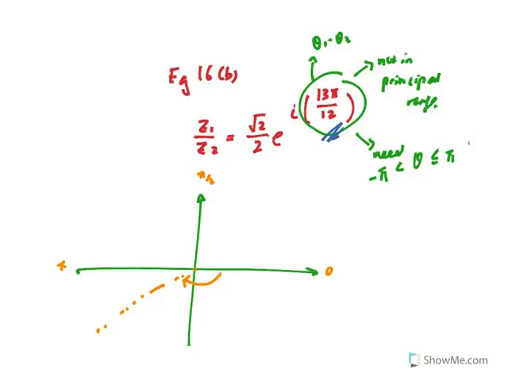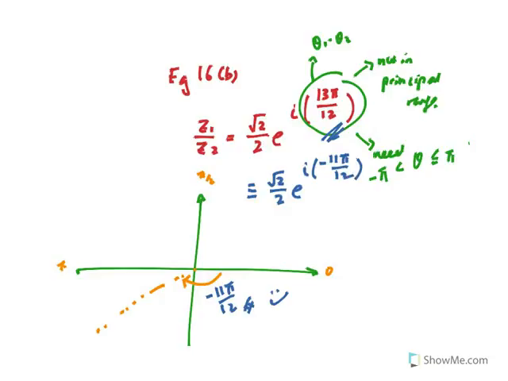Since from our diagram 13 pi over 12 should be negative, this one should be negative 11 pi over 12. So that's how we find the principal argument. And when we do that, remember, it's not an equal sign, it's an equivalent sign. If you change, you must write an equivalent sign, not an equal sign.